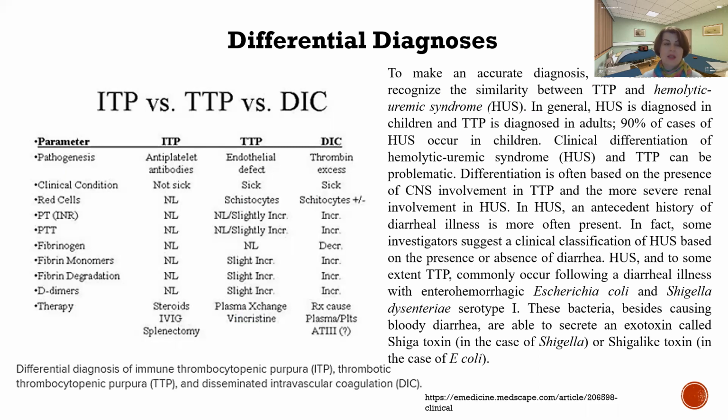The D-dimer, as a representative of fibrin synthesis and degradation, will be normal in immune purpura, increased in disseminated coagulation, and slightly increased in thrombocytopenic purpura.